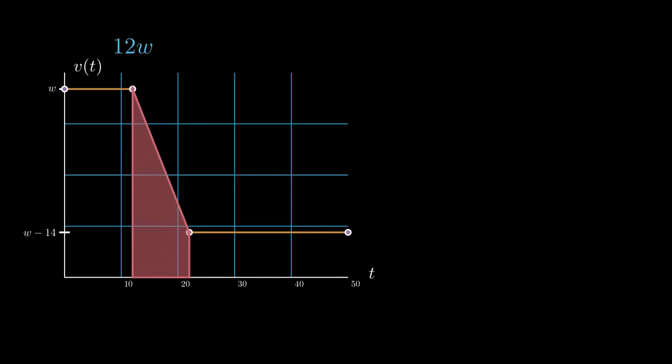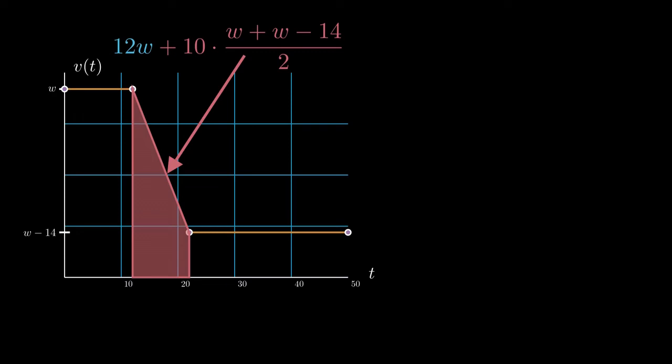So we will take the base, which is 12 to 22. Okay, the base is 10. And then we basically take the average of the two sides. So the left side is w high, and then the right side is w minus 14. So those are in the numerator.